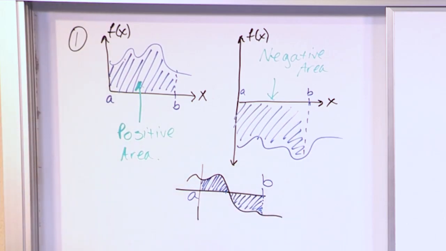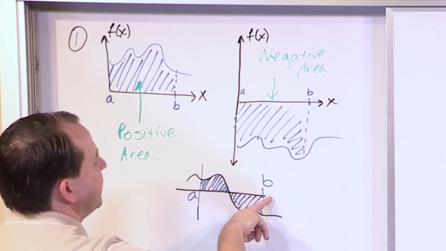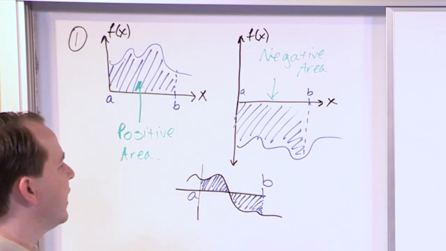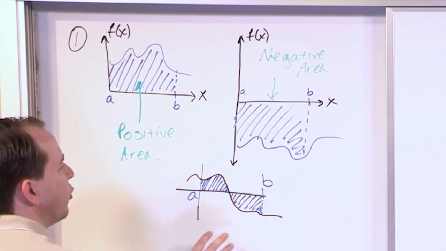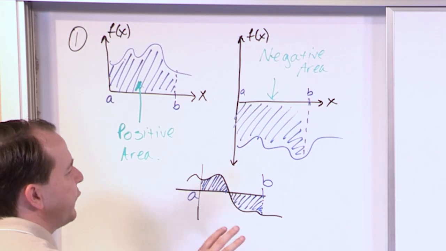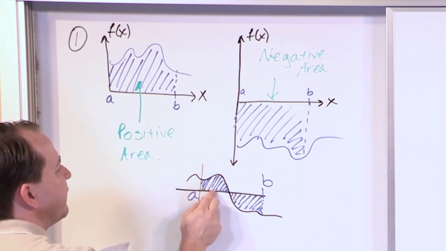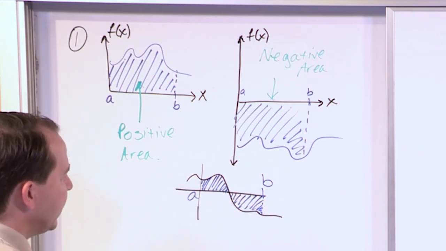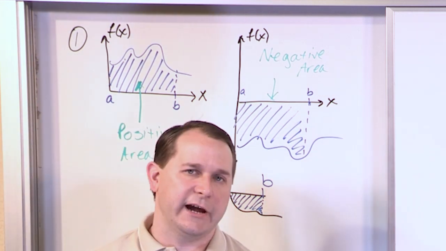So when you look between A and B, if A is the origin, x is equal to 0, and B is x is equal to 10, part of your function lies above the x-axis and part lies below, then when you do the integration, you don't have to think about it or worry about negative or positive area. I'm just telling you that the area that you calculate in this region is going to be positive, the area that you calculate in this region is going to be negative, and when you do the integration from A to B, it's automatically going to take care of all that stuff.